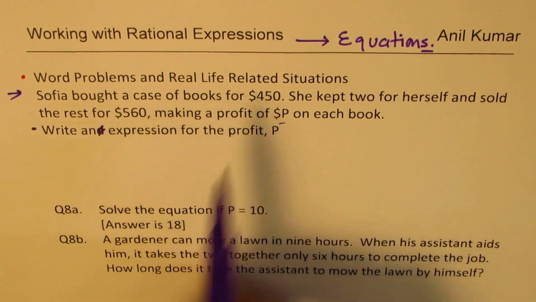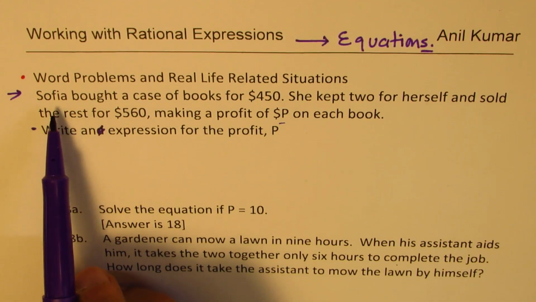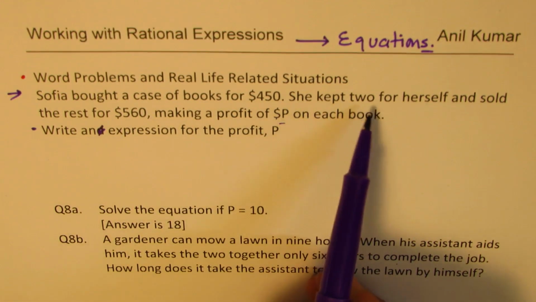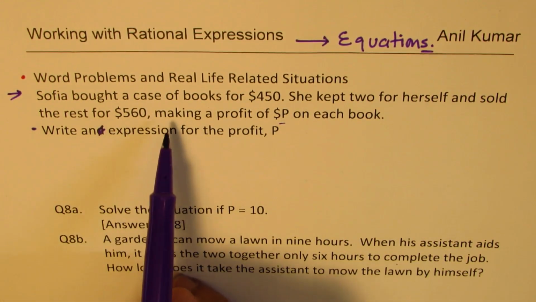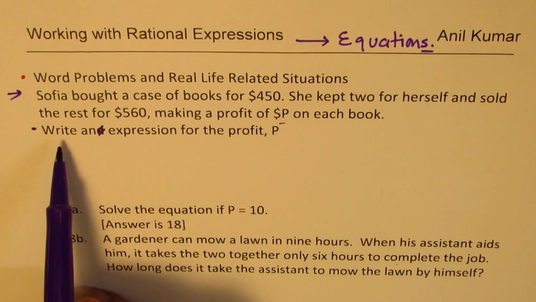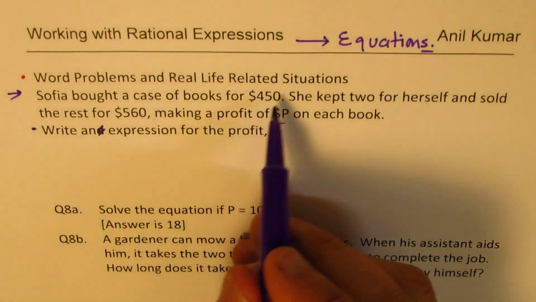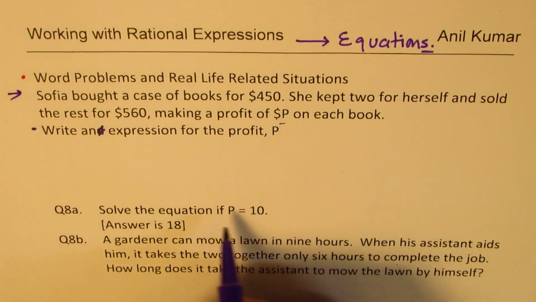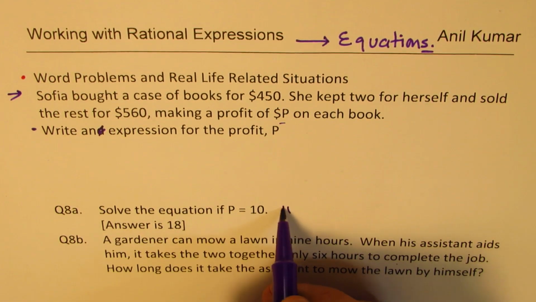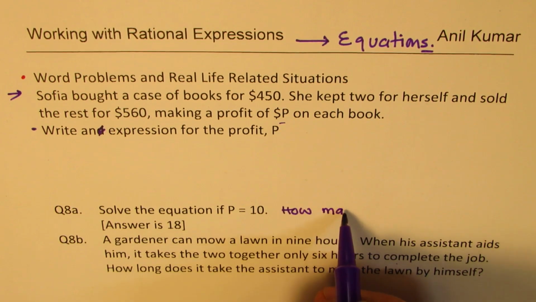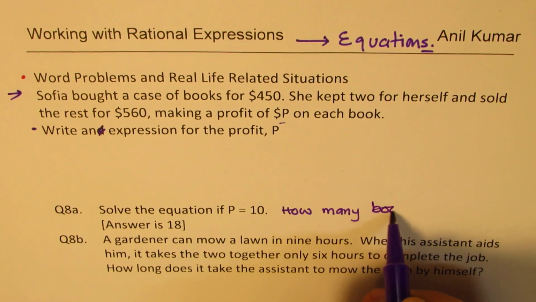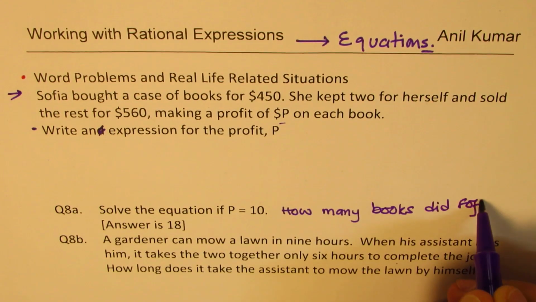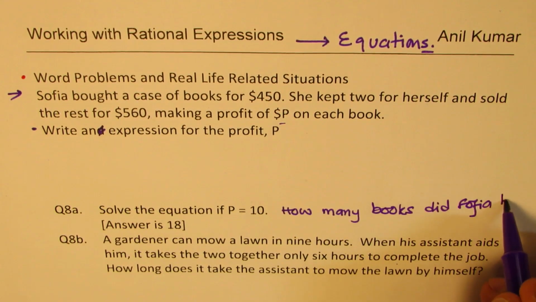Okay, let's try to figure it out. So Sophia bought a case of books for $450. She kept 2 for herself and sold the rest, making a profit of this. Write an expression for this. So how many books did she buy? That is a part of it, right? So solve this equation if P equals this: how many books did Sophia buy?